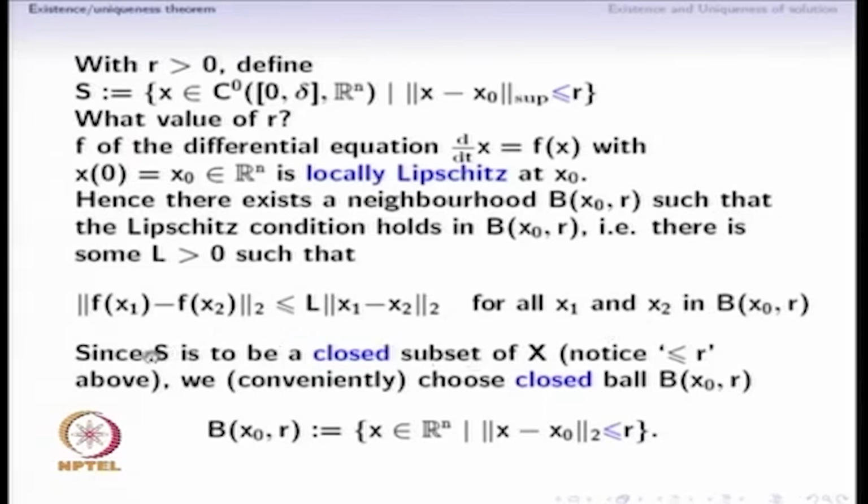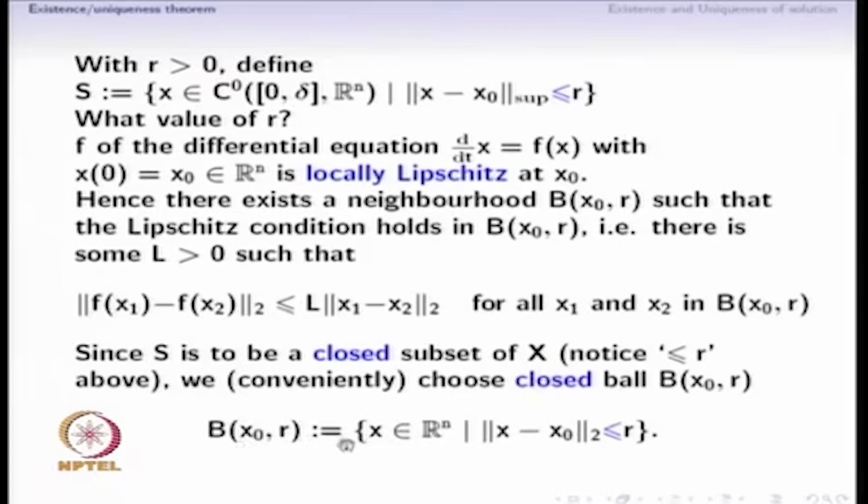Also this S, the way we have defined it, is a closed subset of X. It is a closed subset because of this inequality being a non-strict inequality. Notice the less than or equal to r above. For the same reason, we will conveniently choose the ball B of x naught comma r as the closed ball.